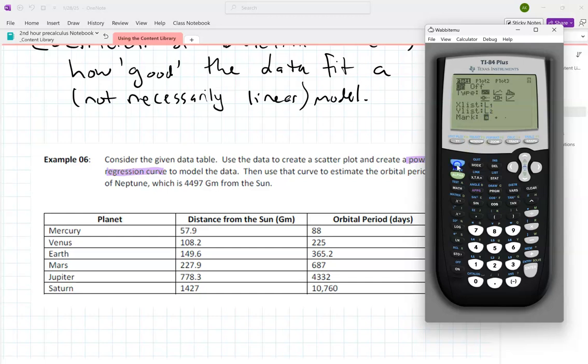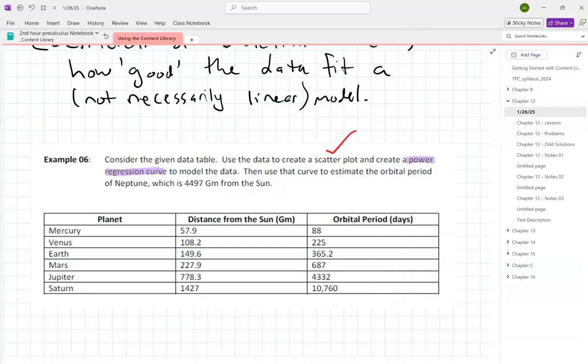That all looks good. I'll exit out of here and press zoom stat. So there's my graph. So that's the scatter plot.